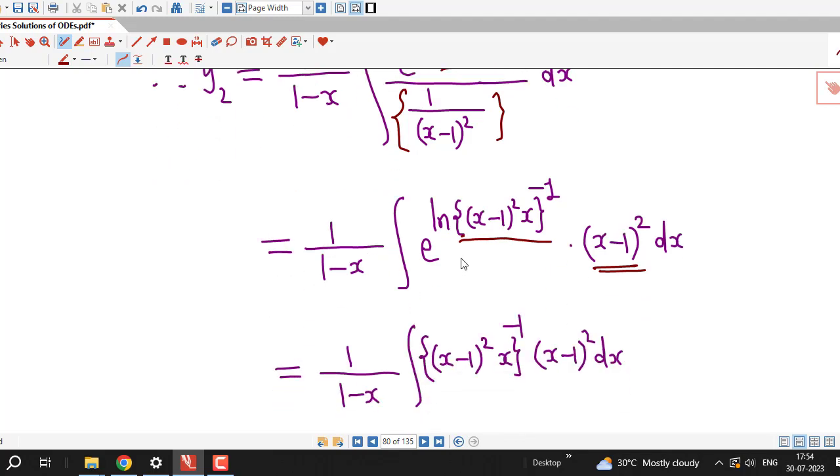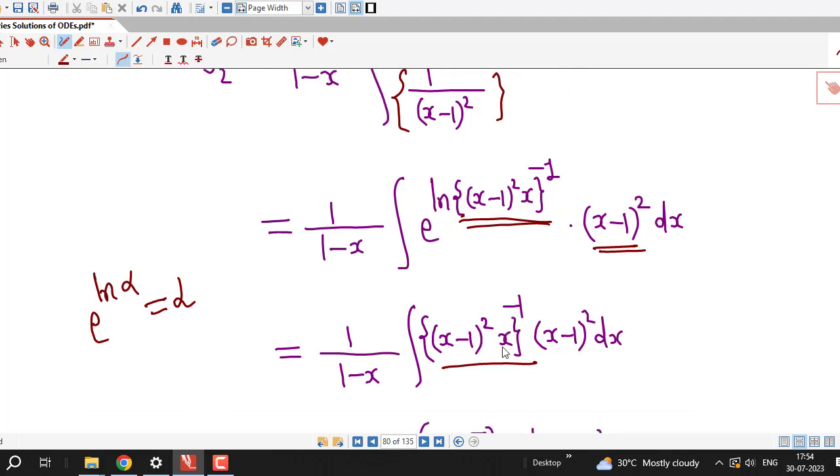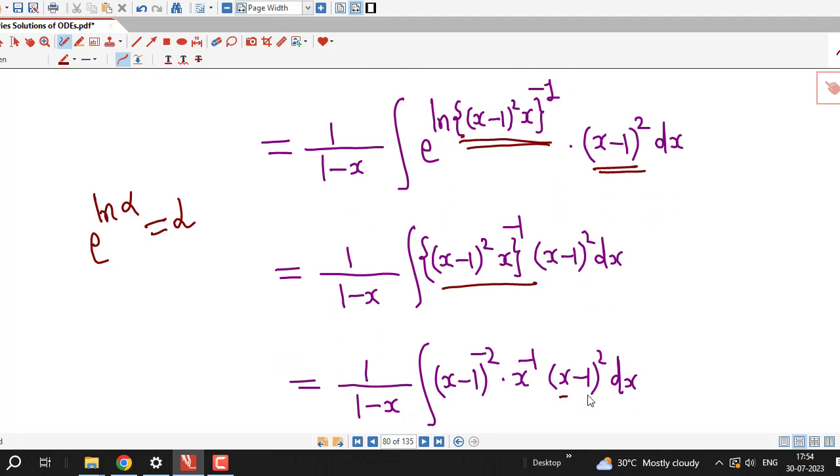And again, using the property that these two functions are inverses of each other, we have e raised to ln alpha equal to alpha. Instead of alpha, we have ((x minus 1) squared into x) raised to minus 1. And this is equal to (x minus 1) squared raised to minus 1, that is (x minus 1) raised to minus 2, into x raised to minus 1, into this quantity.